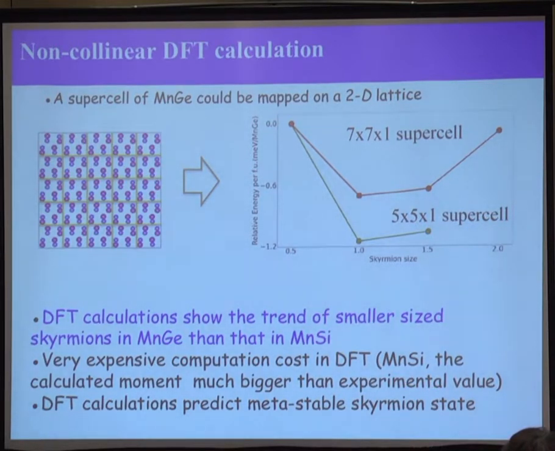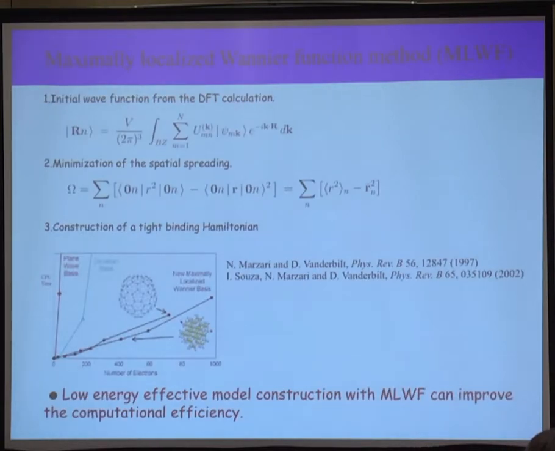So now, because of these limitations of the DFT calculations, we try to gear towards the effective modeling of these systems, because it will help us improve the computational efficiency. So that's actually the point we start with. We try to use the maximally localized Wannier functions, which essentially means you want to simulate the material based on atomic orbitals. Mathematically, it is really the transform of the Bloch wave function, the band wave function, into the spatial orbitals.